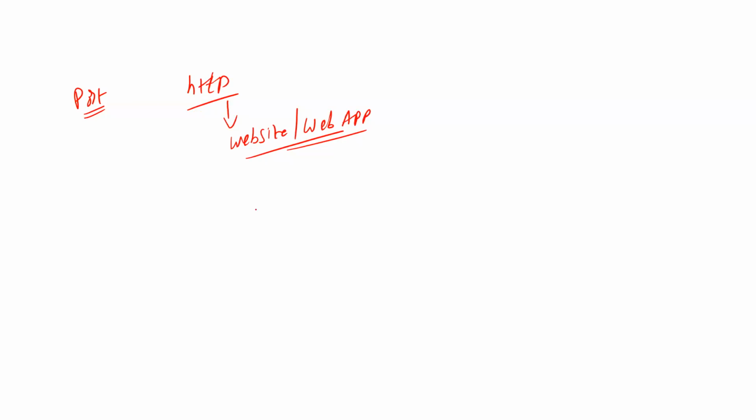Now, the user can be anywhere, maybe a local network user or maybe somewhere on the internet. If a user wants to access this HTTP service, the website or the web application running on our server, this user has to send the request through a port.